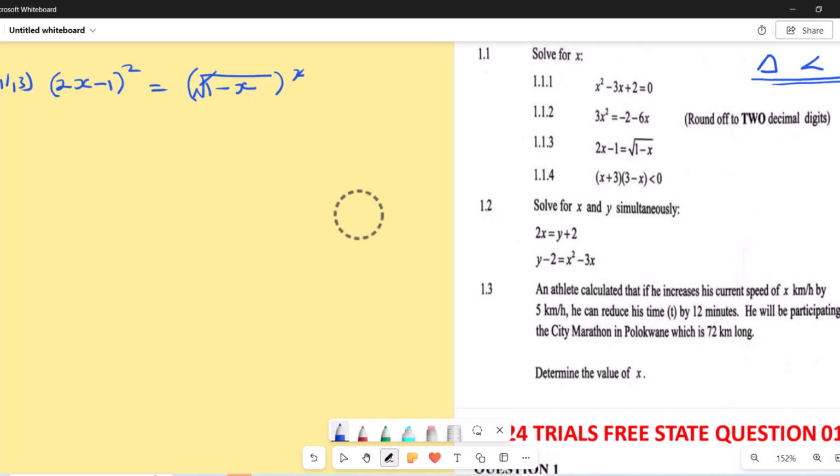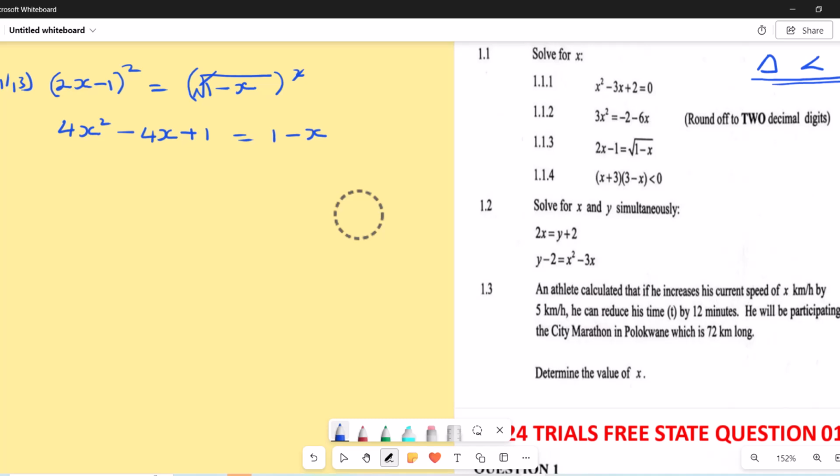When you square this side, you're going to get 4x squared, then minus 2ab, that's minus 2 times 2x times 1, which is minus 4x, then plus 1 squared, which makes it plus 1, equals 1 minus x.